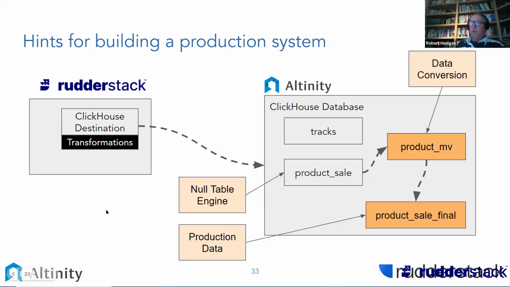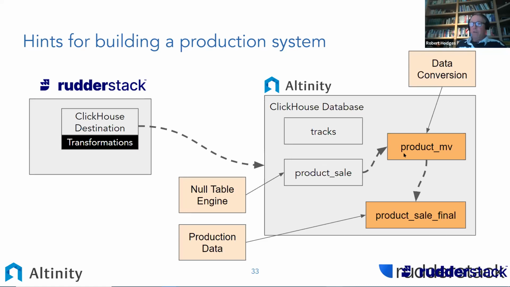As you move to build a production system, one of the things that you do with ClickHouse is you tend to apply these transformations, for example, around compression, codecs, data types, things like that. If you want to really hone this and make it much more powerful, you can go ahead and change the product sale table directly and put in your own schema.